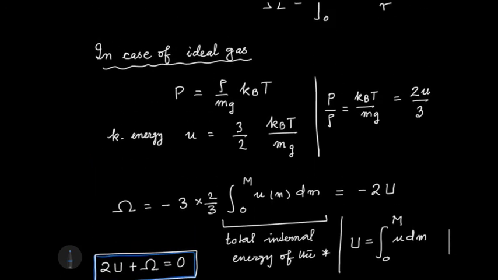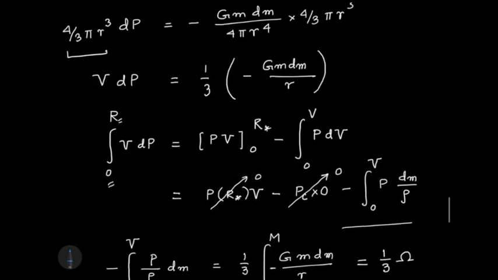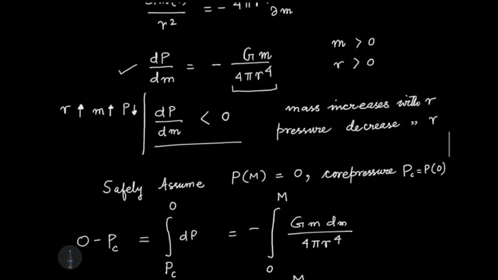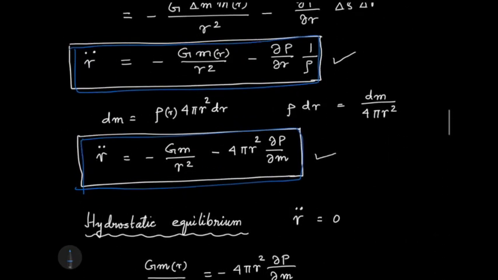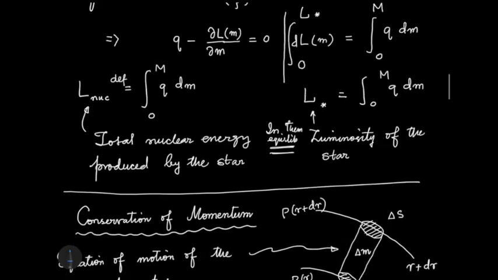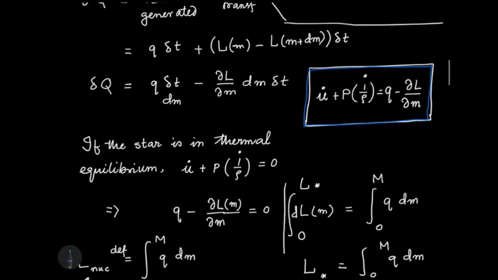We'll stop here today. Today we have discussed some equilibrium properties of the star, but more importantly, we talked about two equations. One gives you the second time rate of change of the radius, and the other gives you the time rate of change of the internal energy per unit mass. Thank you.